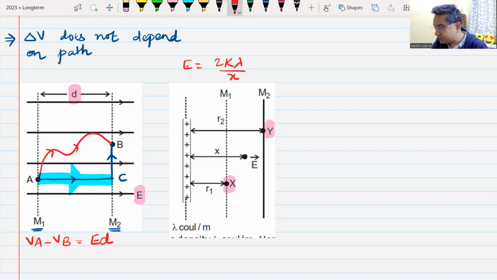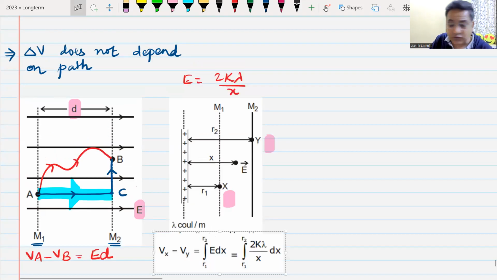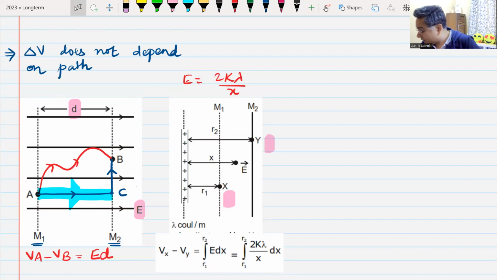If you remember, we had written the potential difference between the two points, and I'm again bringing it to your notice. The potential difference between these two points will be the integral of this factor. X will be at a higher potential and Y will be at a lower potential.